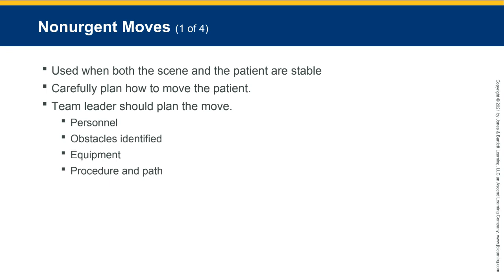Team leader should be thinking about how many persons will be required. Will there be any issues? Any type of equipment needed? Any special procedure? Any specific path that needs to be taken with the patient? Stuff like that will be the team leader's responsibility.